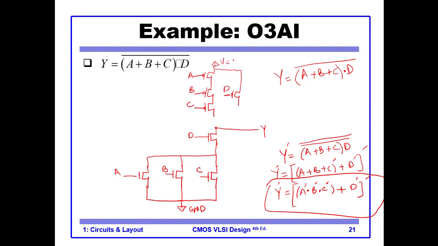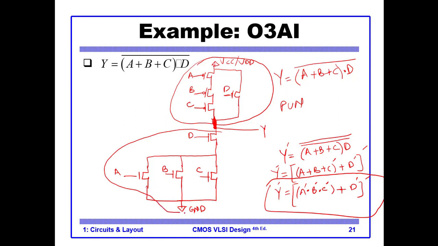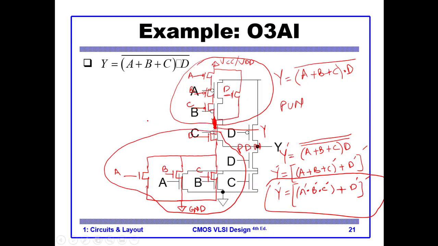This is connected to VCC or VDD, connected here, and then it's connected here. So this is our pull-up network, this is our pull-down network. So this is the design of this compound gate.